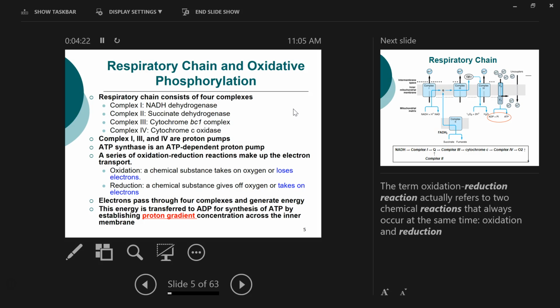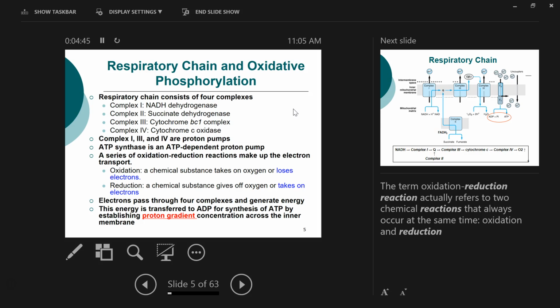This proton gradient contains chemical energy, and this chemical energy can be used for synthesis of ATP. So complex 1, 3, and 4 have the proton pump function.